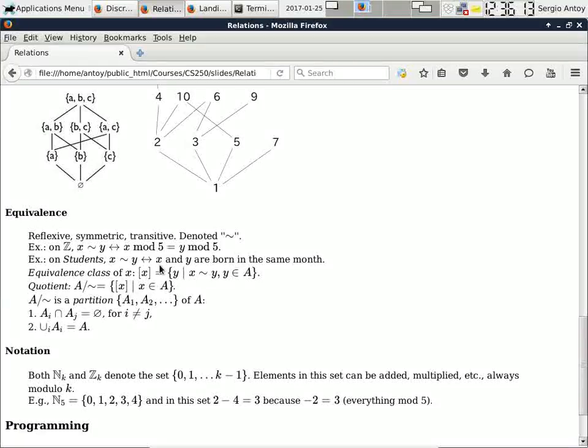An equivalence is a relation which is reflexive, symmetric, and transitive. It has these 3 properties, we say that it is an equivalence.